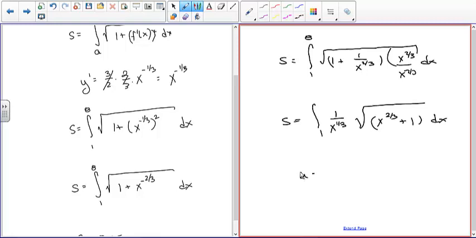Now, if you let u equal x to the 2/3 plus 1, then du is going to be equal to 2/3 times x to the minus 1/3 dx, which is equal to 2 divided by 3 x to the 1/3 dx.